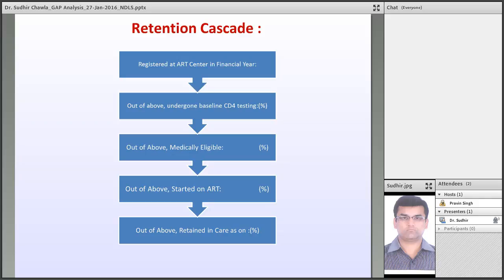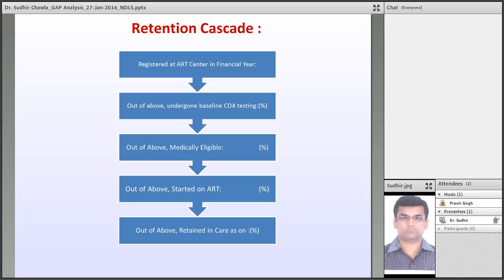In this part, the only thing we have to exclude is transfer-in patients. Those who were registered at some other ART center and came to our ART center during this financial year as a transfer-in case should be excluded from this part. Only new registration during the financial year at the ART center can be included.